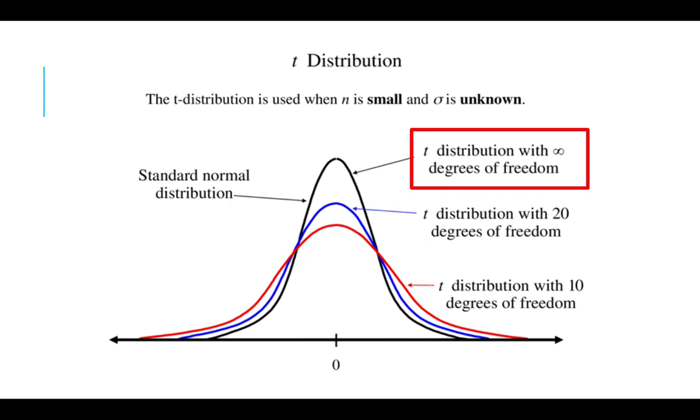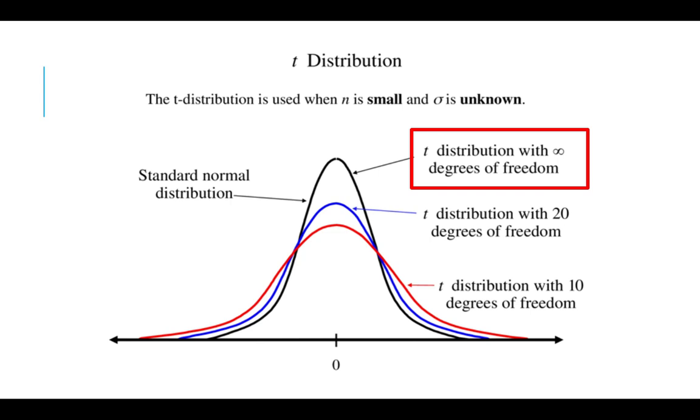On the right, I have a note that says this is a t-distribution with infinity degrees of freedom, but on the left, it says it's a standard normal distribution. What does that tell us? It tells us that with a really large n, number of observations, our t-distribution is going to converge to the standard normal distribution. They're the same thing.